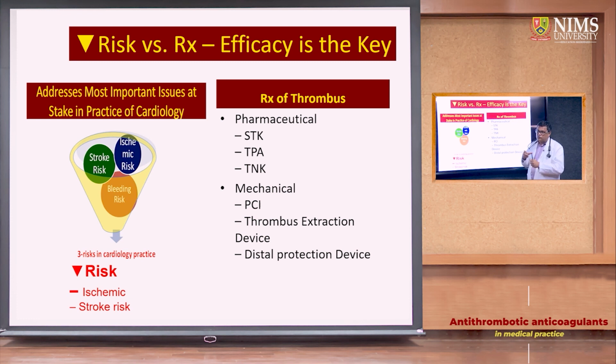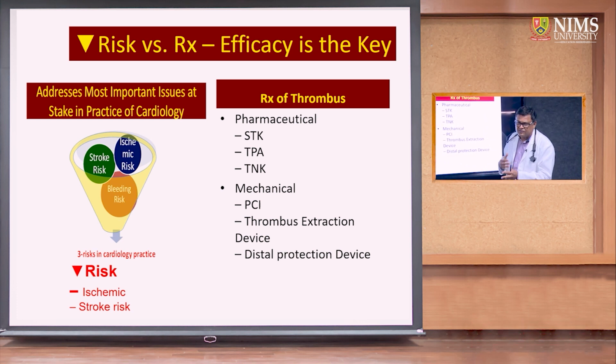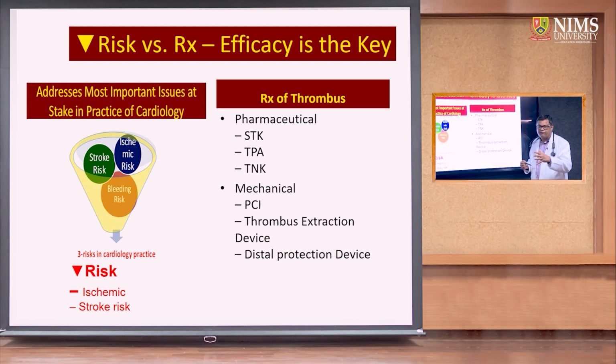You go where the thrombus is formed and take a device, maybe like a basket, inflate the basket below the clot, and pull the clot out, or there can be other devices. There are many devices for thrombus extraction. You could take your catheter and suck the thrombus out. That is also thrombus extraction. So there are various ways of removing clot.